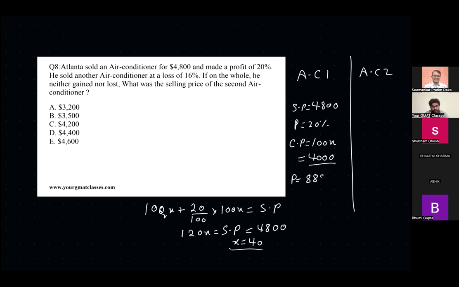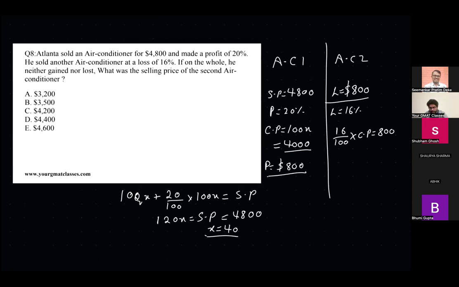Is it clear till here to everyone, class? Profit is $800. Yes or no? Now it says he neither gained nor lost. That means the loss in this transaction should be $800. And it's saying loss is 16%. So 16 by 100 into cost price is equal to 800.